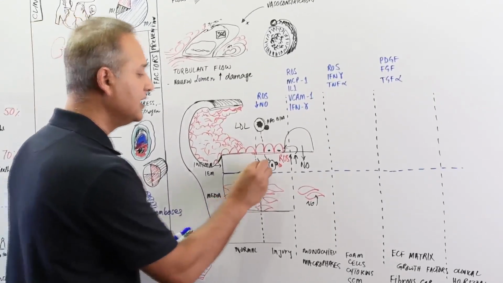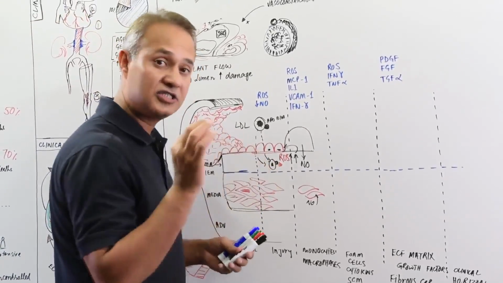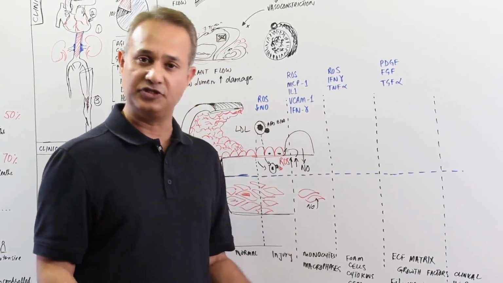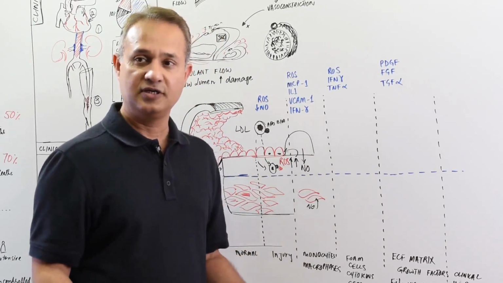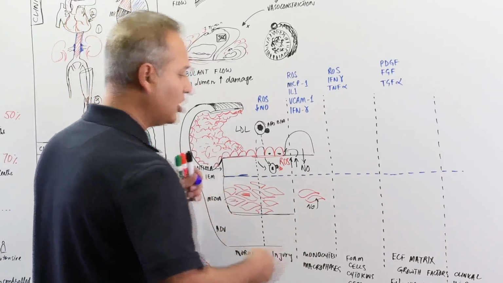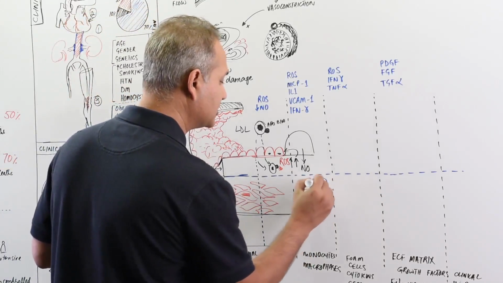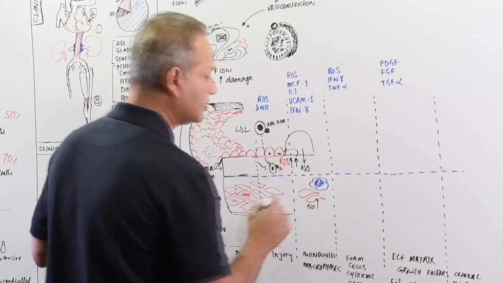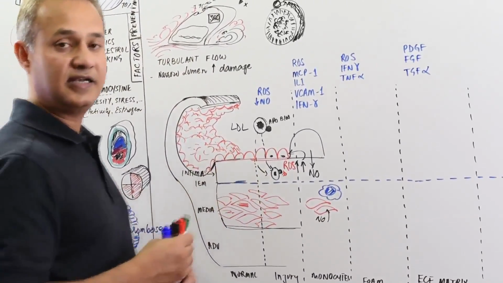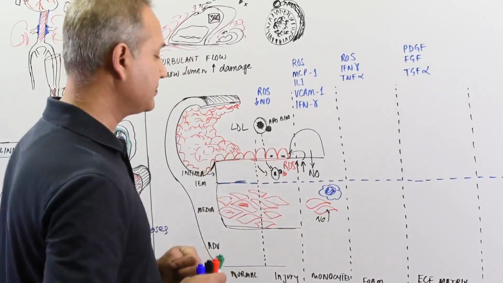Now this LDL, which is oxidized LDL, is a favorite of macrophages. They love it, but there are some macrophages here, not a lot. How do we bring macrophages here? Look, the oxidized LDL does three things.